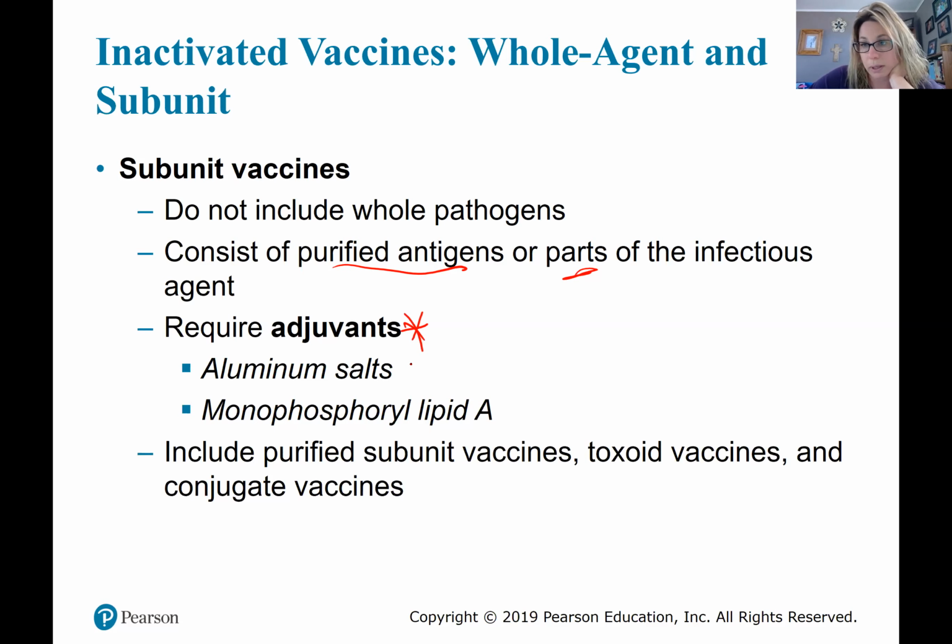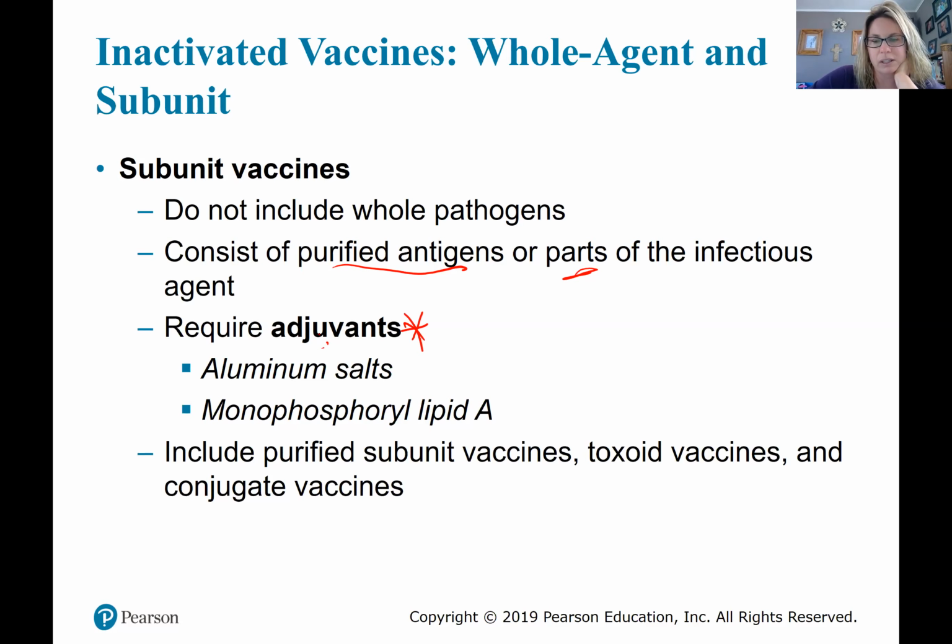You know, sometimes people are like, oh, there's mercury in the vaccine and everything. That usually comes in the form of an adjuvant. And to be honest, the levels of mercury are so minute, it's not going to really be harmful. But some people don't want that injected into their body.